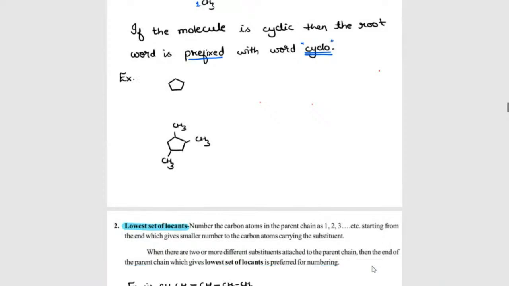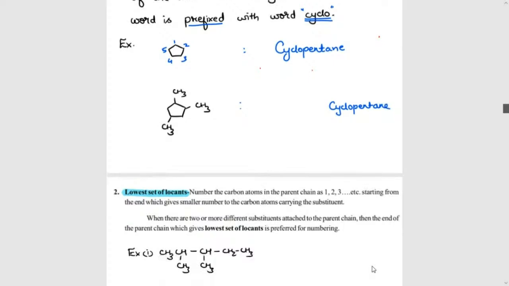For example, this has 1, 2, 3, 4, 5, so my root word is cyclopent. As all are single bonds, I will put the word "-ane". This is also going to be cyclopentane, but some other parts are to be added that I'll add after a few seconds.